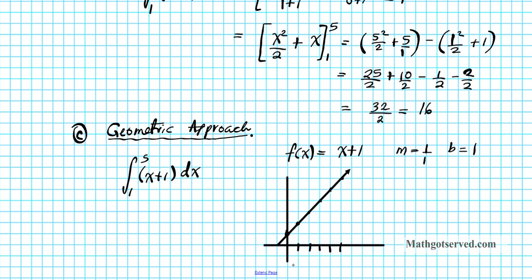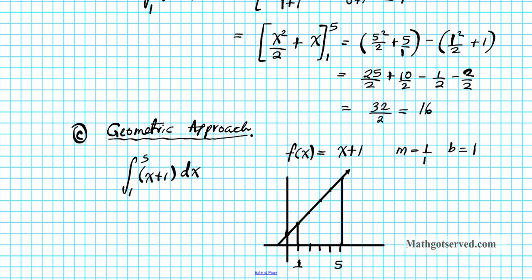All right, so we're going from 1 to 5. 1, 2, 3, 4, 5. So the question is, what is the area between this function that we just graphed and the x-axis? Okay, so that's what we are aiming to determine. So this region right here is the definite integral.